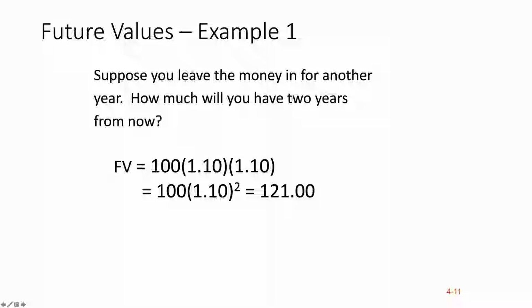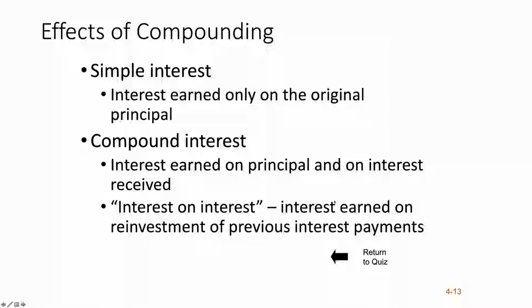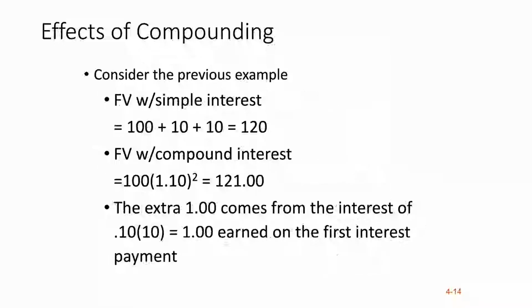The result is about 120. It's slightly higher than $20 of interest because we're using compounding. Compounding is earning interest on previous interest. Therefore, you earn $121. That extra $1 comes from the first $10 of interest earning interest for another period.